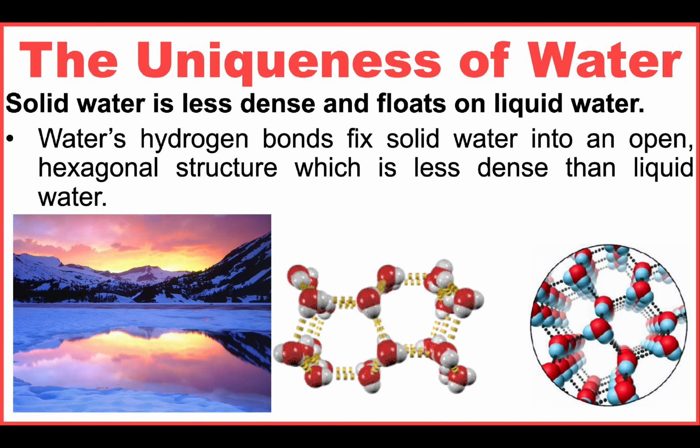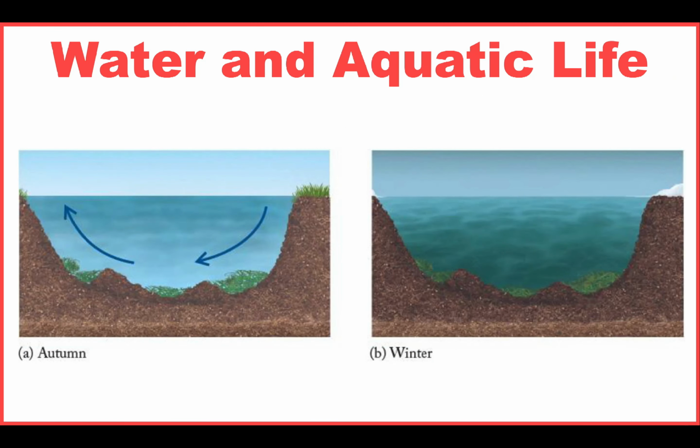So what is the application of all of these properties to aquatic life? As the lake cools to this temperature in winter, the surface water will sink through convection and warmer water will rise up to the surface in a continuous cycle.